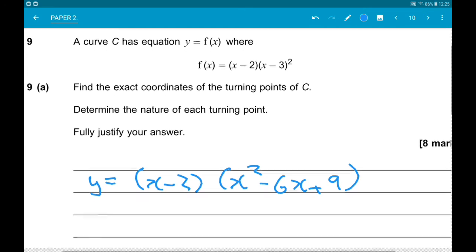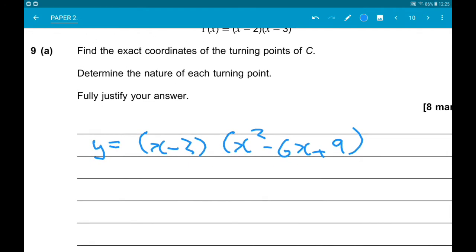Now, expand that and make sure you can get x cubed minus 8x squared add 21x minus 18.